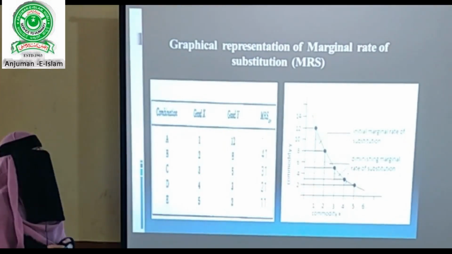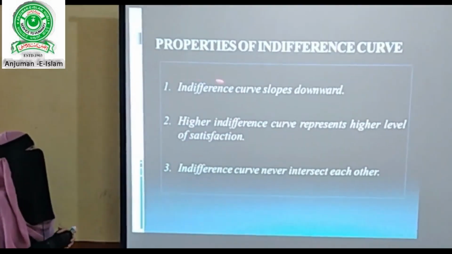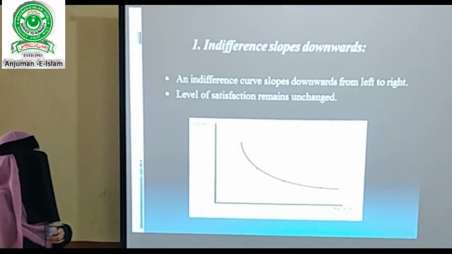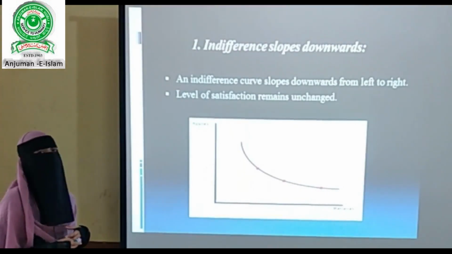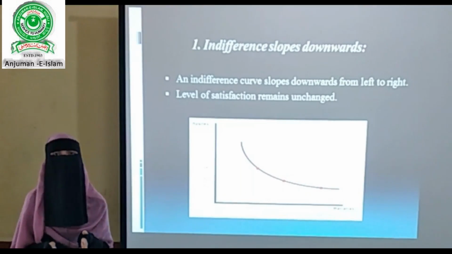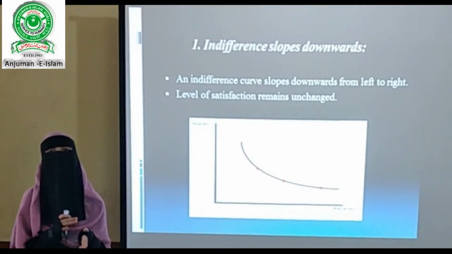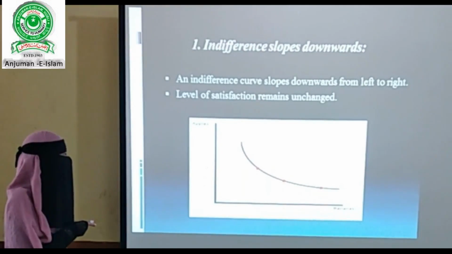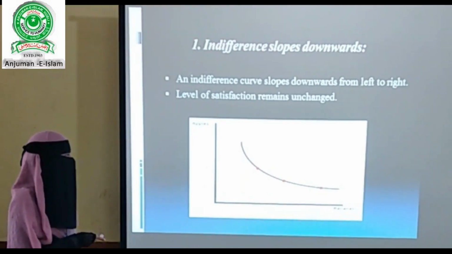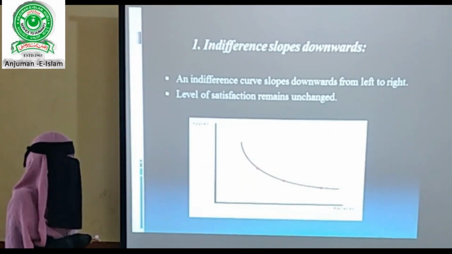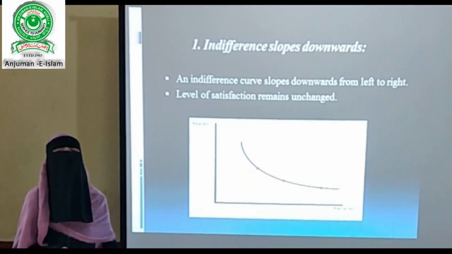The next thing we are going to see is the properties of the indifference curve. The first property is that the indifference curve slopes downwards. It is a negative sloping curve that slopes from left to right, as we can see in the diagram. Why is it so?